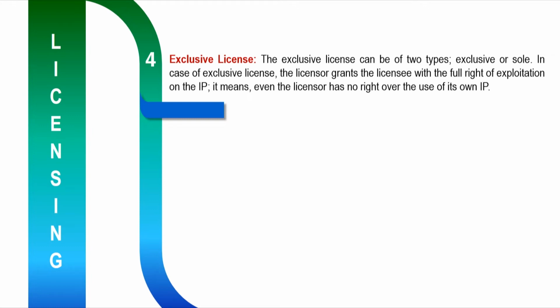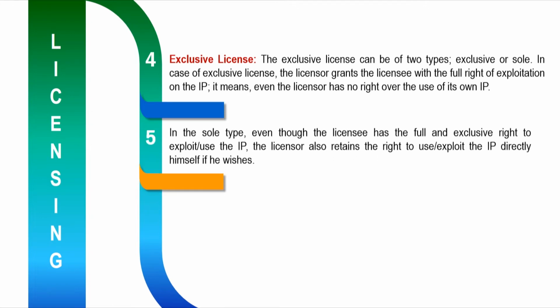That means all the rights are now with the new owner. In the second type, that is the sole type, even though the licensee has the full and exclusive right to exploit or use the IP, the licensor, that means the original inventor, also retains the right to use and exploit the IP directly himself if he wishes. So, he still has the rights.